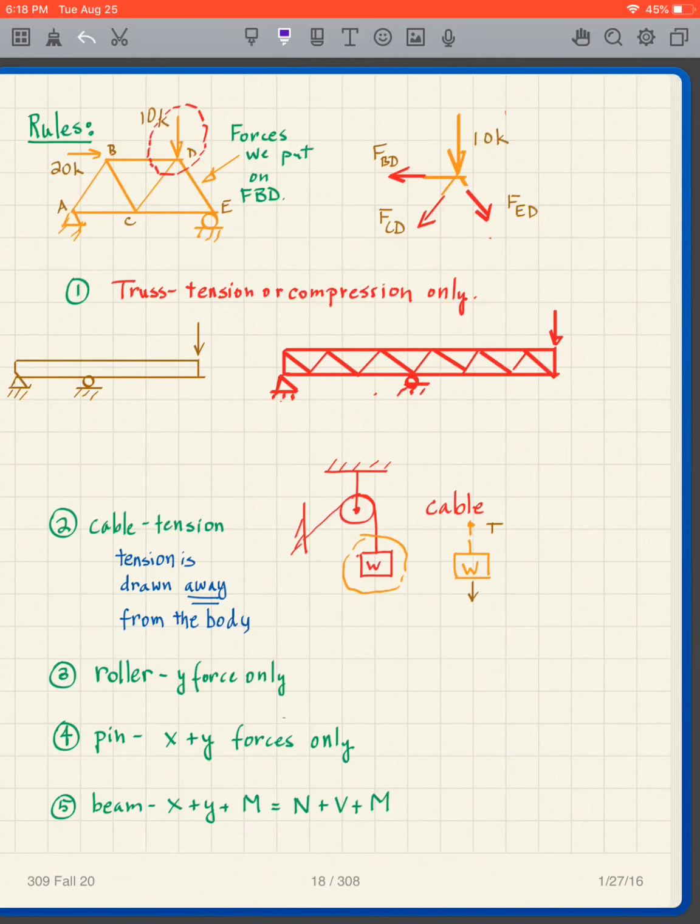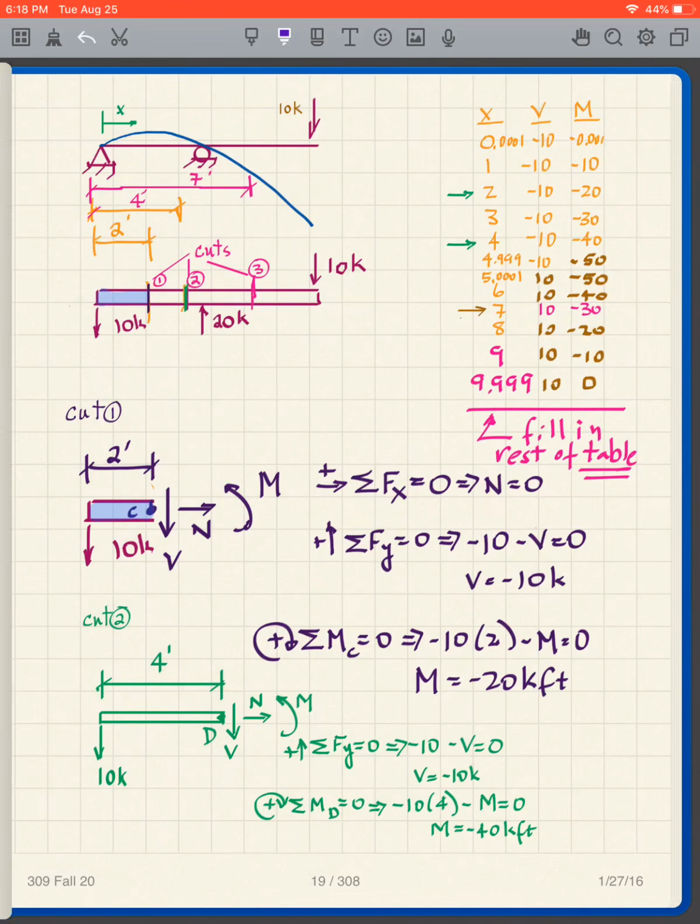And so when we look at a beam, we're going to have an X force, a Y force, and a moment. And we're going to give those the symbols: the X force, for instance, N, the Y force, V, and the moment, M. So what does that mean?